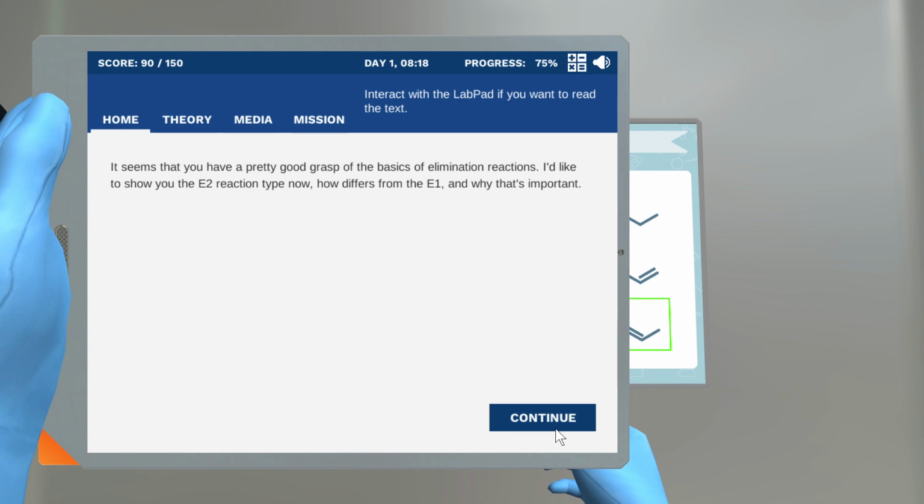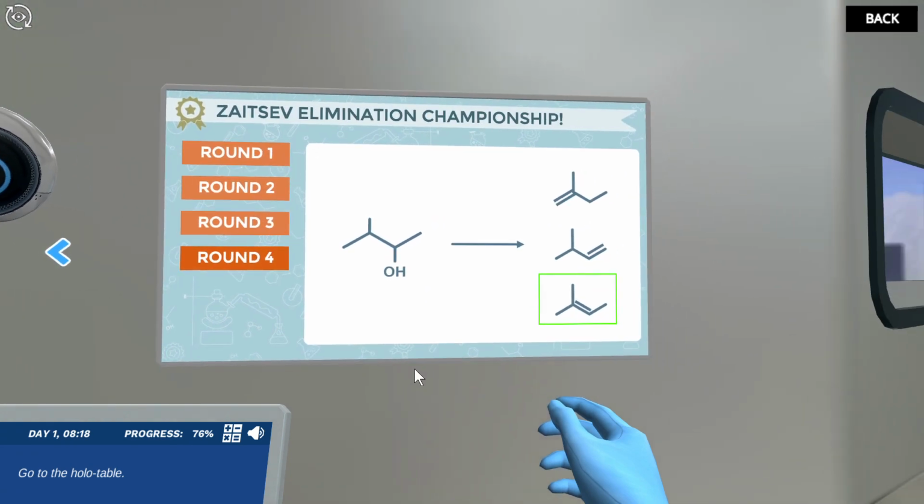I'd like to show you the E2 reaction type now, how it differs from the E1, and why that's important. Go to the hollow table.